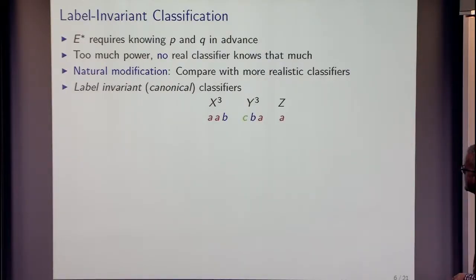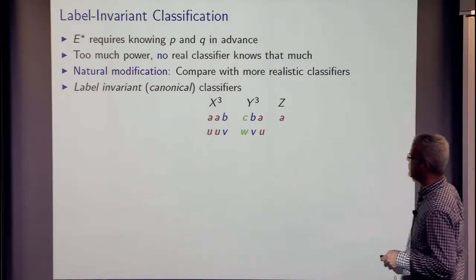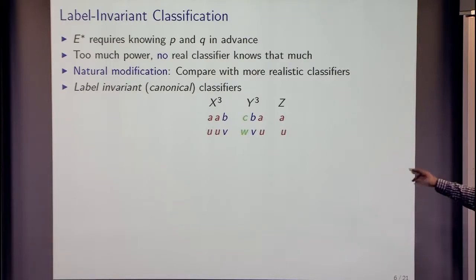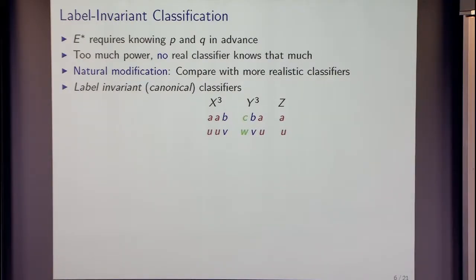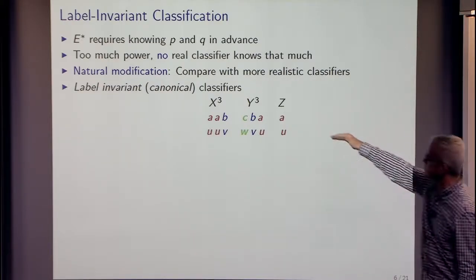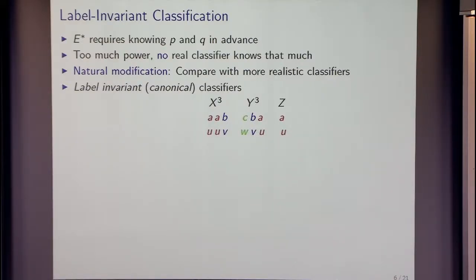Now let's look at a new sample. Now we have U U V and W V U, and the test is U. If we have a reasonable classifier, what can we say about the two classifications? How we'll classify this one and how we'll classify this one. Can we say something about that?